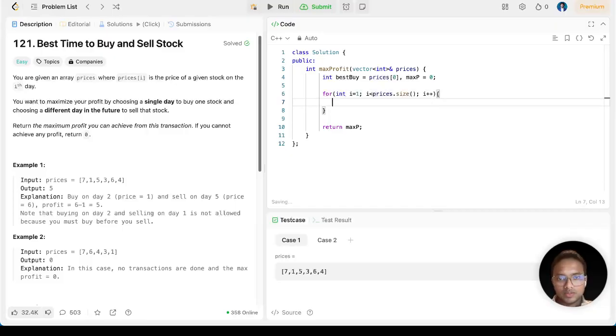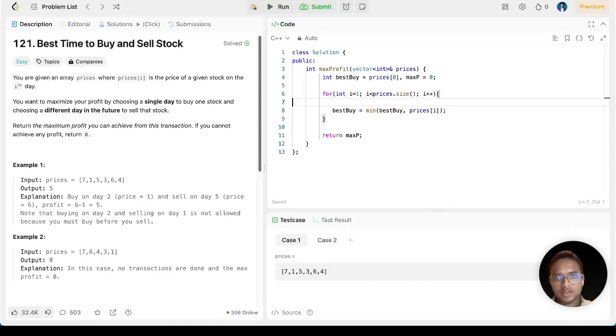All we have to do is take the minimum number for our best buy, so best buy is equal to the minimum of best buy and prices[i].